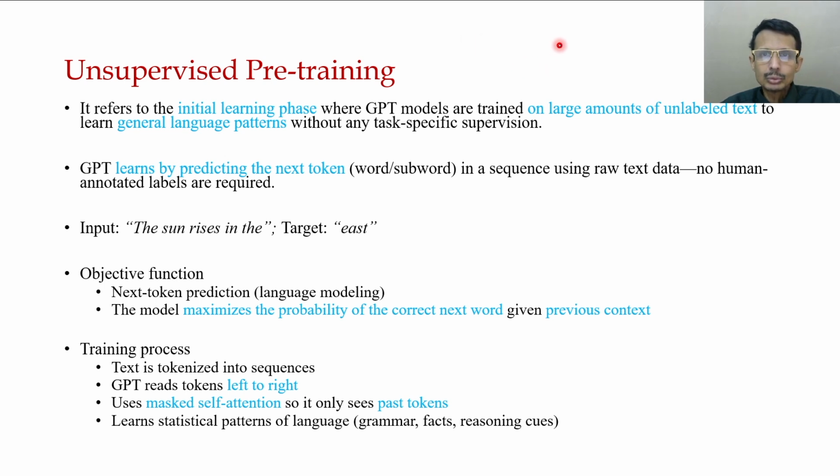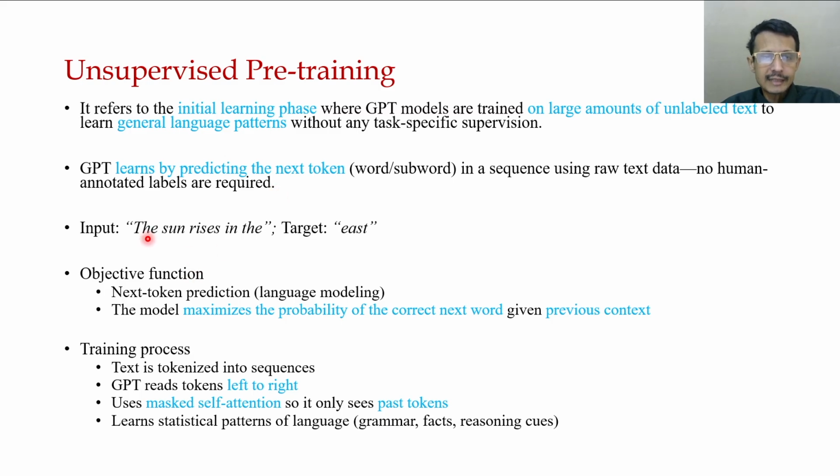And we know the next token because it is just a text corpus. So GPT learns by predicting the next token, that means word or subword, in a sequence using raw text data, and no human-annotated labels are required.